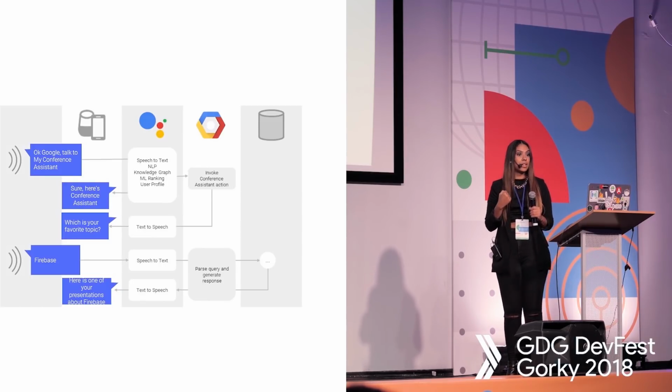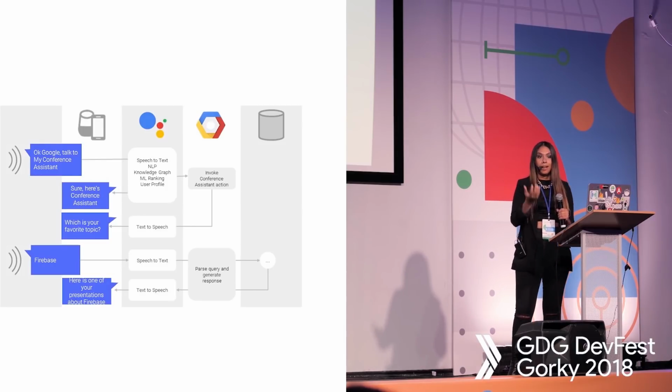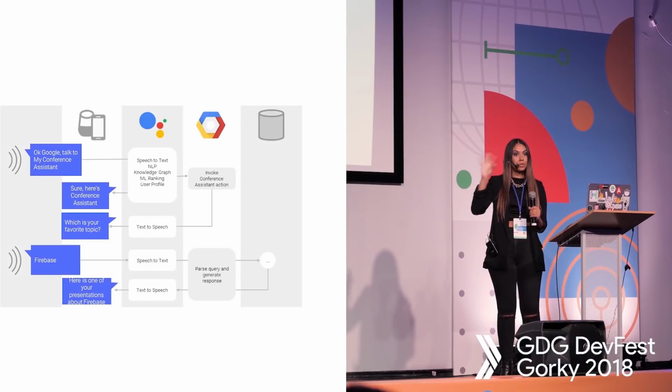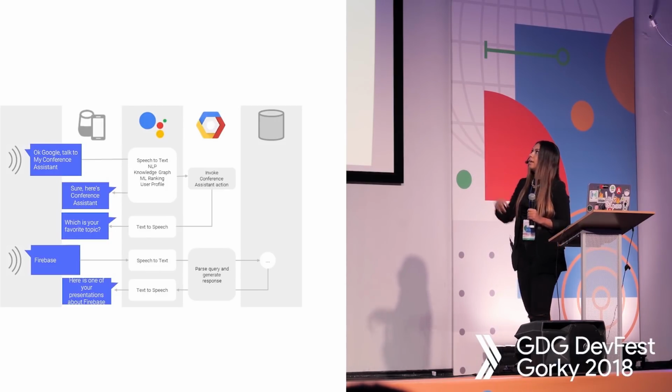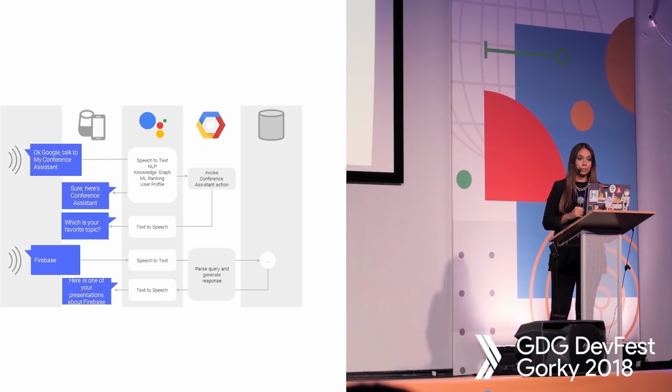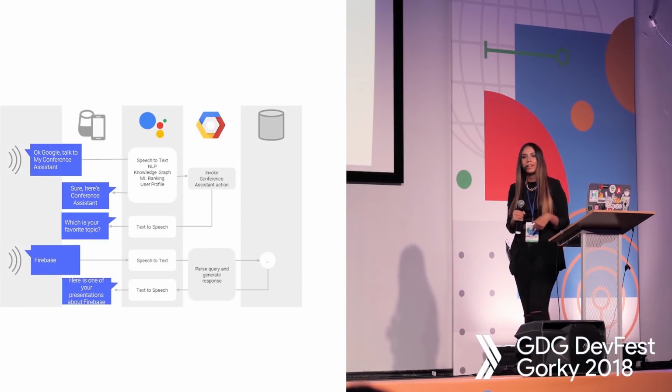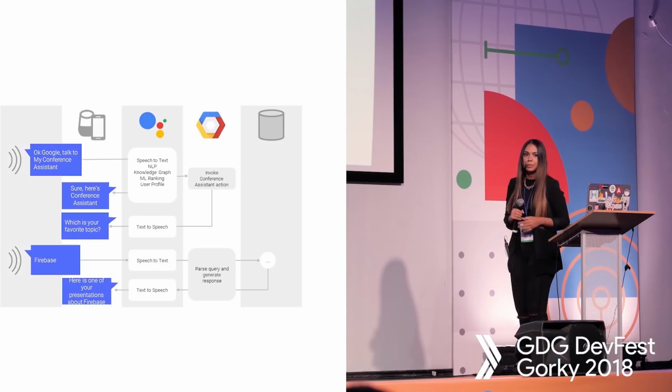So the first thing it's going to do is take that voice and do speech to text. That's going to be done by Actions on Google. Second, we have Google Cloud, right?